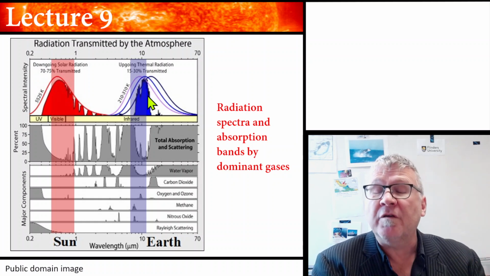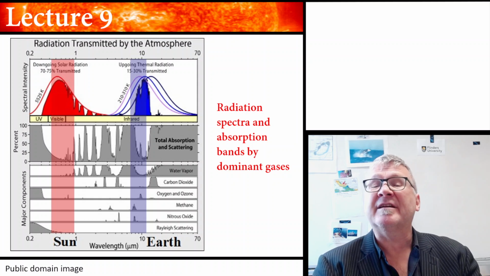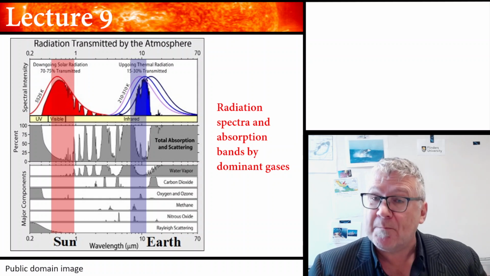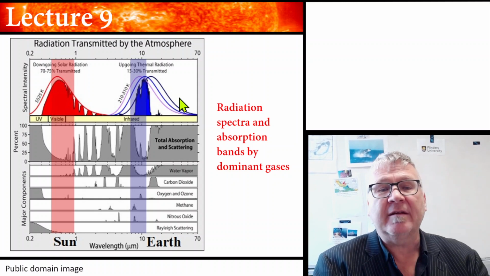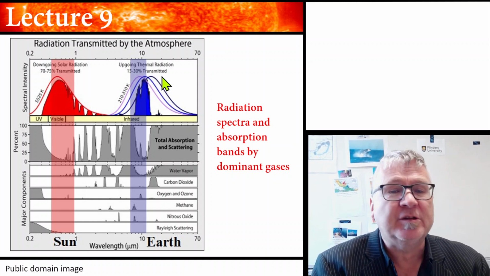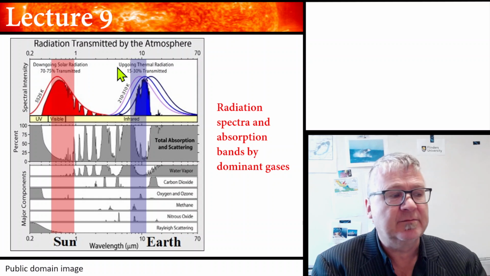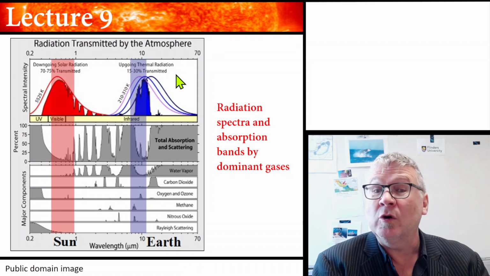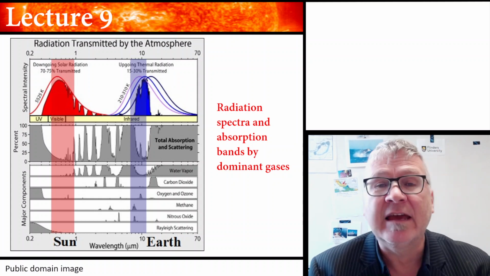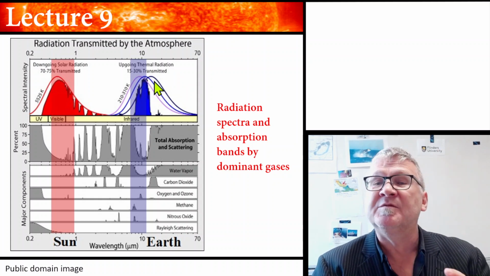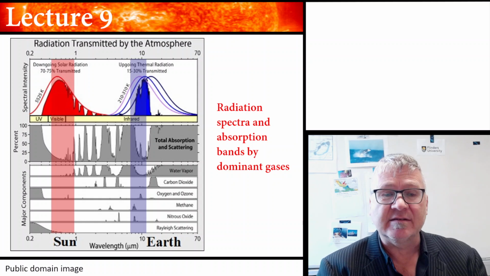And for the Earth, you can see how much is actually transmitted back to space, and only 15 to 30% is actually transmitted. So there is a large amount of thermal radiation from the Earth which is absorbed by greenhouse gases.